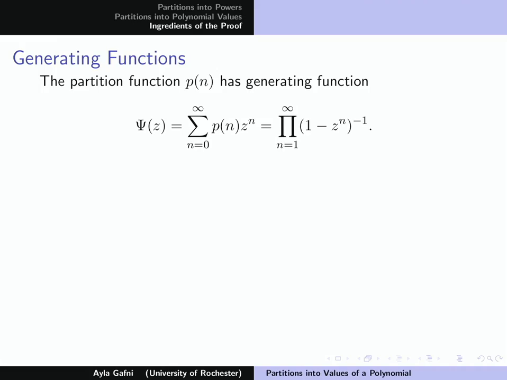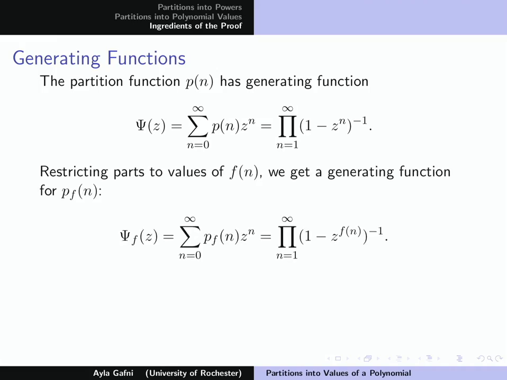Then you see that the coefficient of z to the n is exactly the number of partitions of n. If you want to restrict to some subset of the integers, then instead of taking a product over all n, you just take a product over the set that you're allowing as your parts. From that, you can immediately see that the generating function for pf of n is given by this infinite product here.